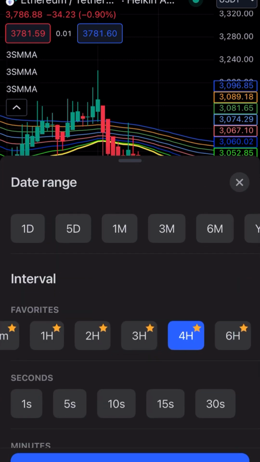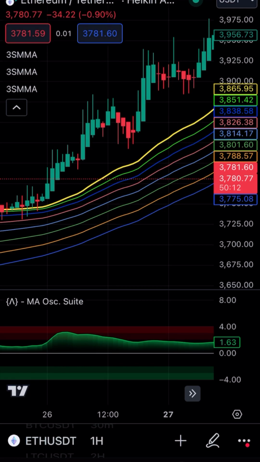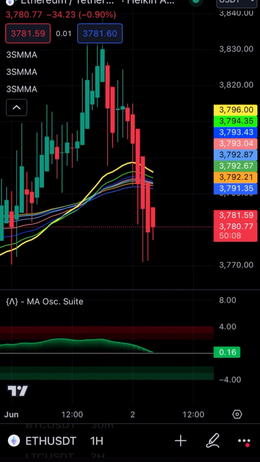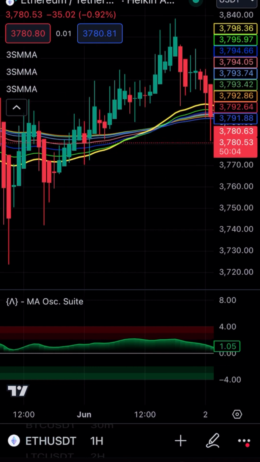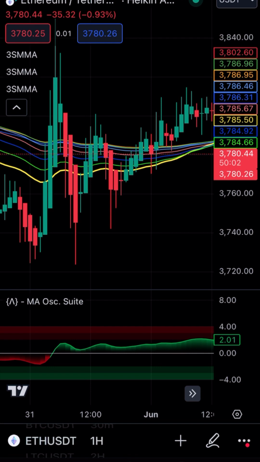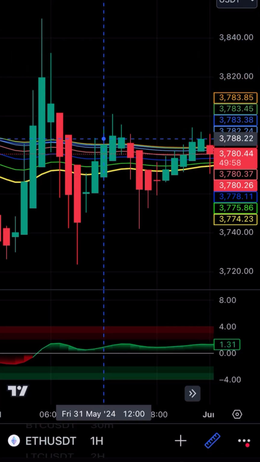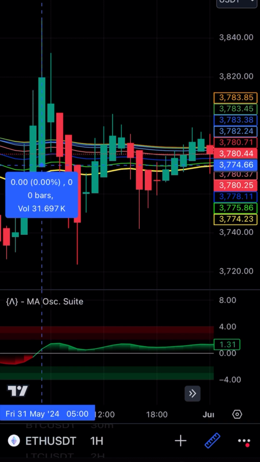But the bare minimum here that I would go down would probably be the hour chart for my entries. So we have identified that it's going up. So we want to get in at the moment where it's crossing up. And we get in right about here.